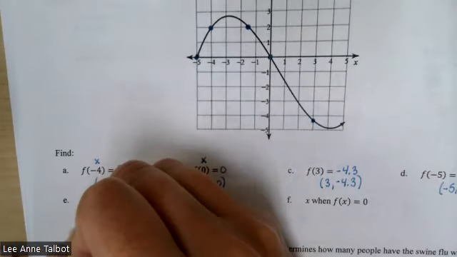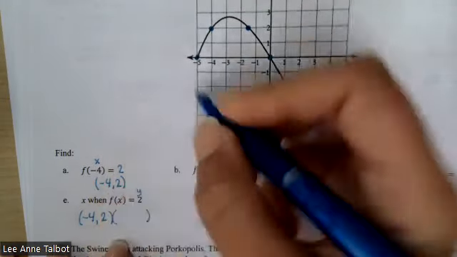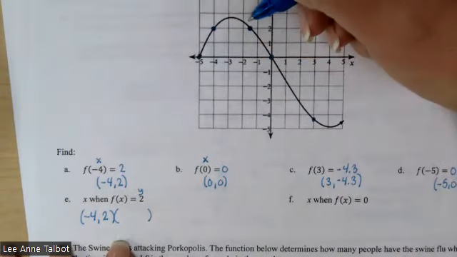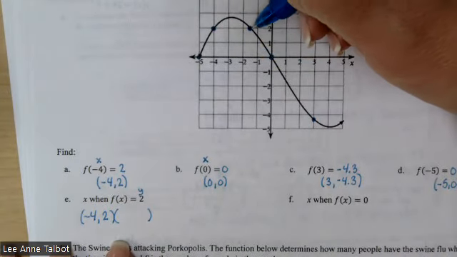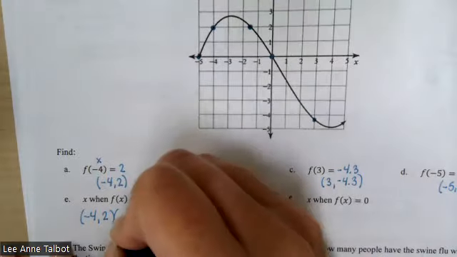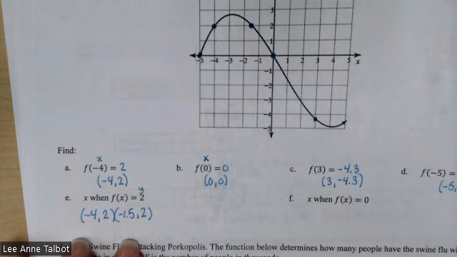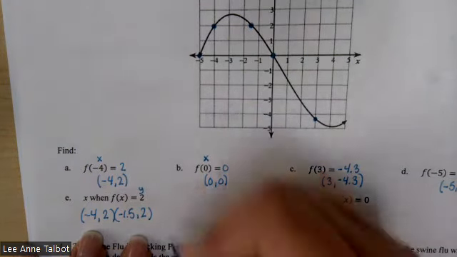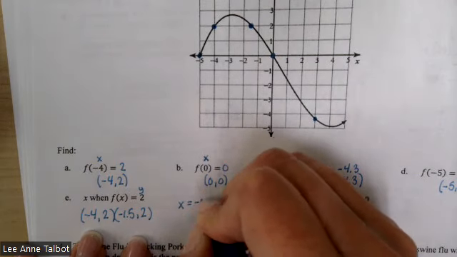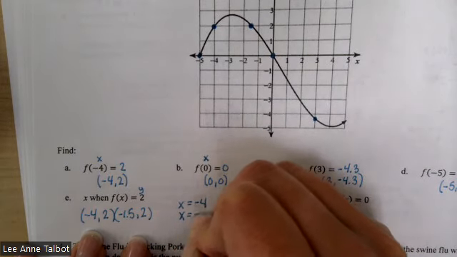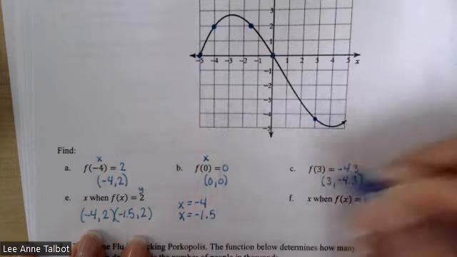This one is negative 4, 2. We already had that one from the previous problem. What do you think? Negative 1.5? So x is negative 4, x is negative 1.5.